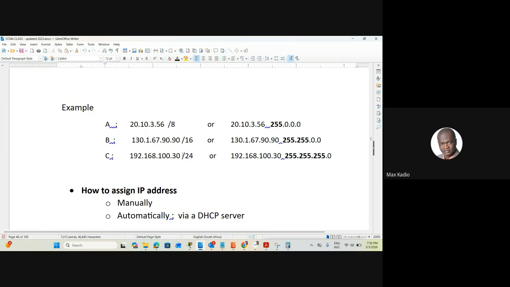For example, slash 24. If you see an IP with slash 24, it means this address is part of only one network, one big room.